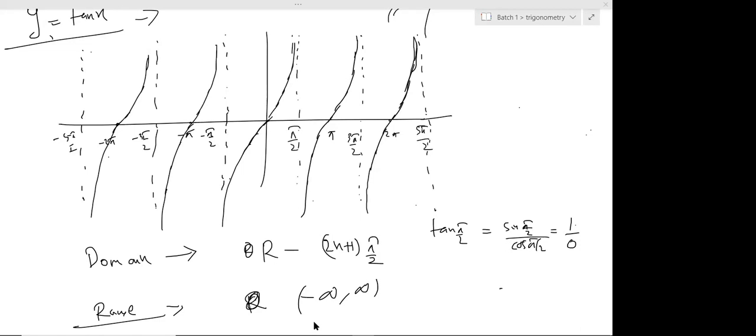All right, done. Gautam, done with this graph? Yes, sir.